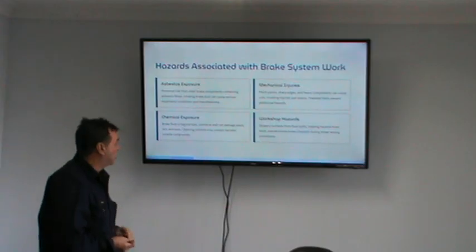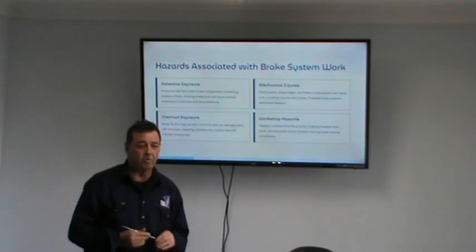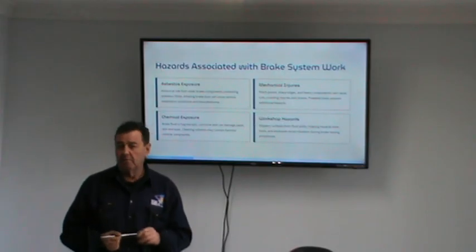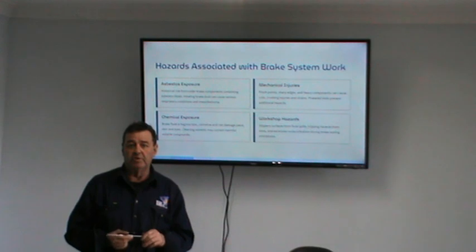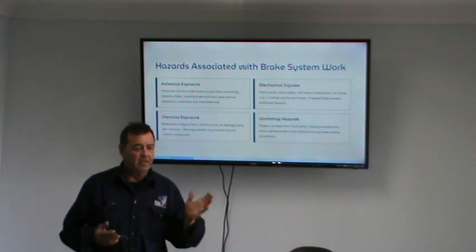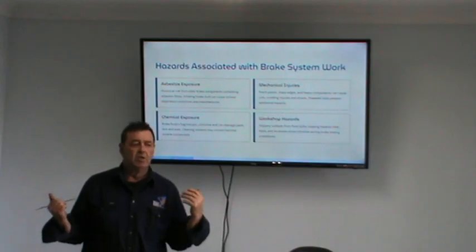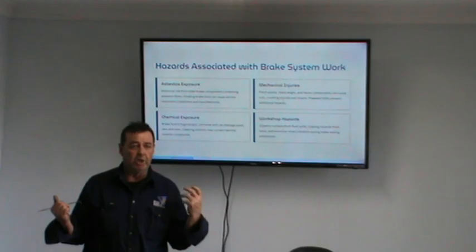So hygroscopic relates to something that can rapidly absorb moisture. So once you expose brake fluid to the air, take the lid off your master cylinder, it's immediately sucking in all the moisture it can. That's what they call it, hygroscopic.